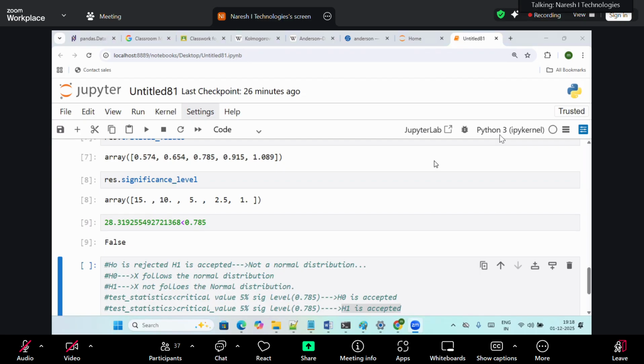So check this test statistic value with the 5% significance level critical value.